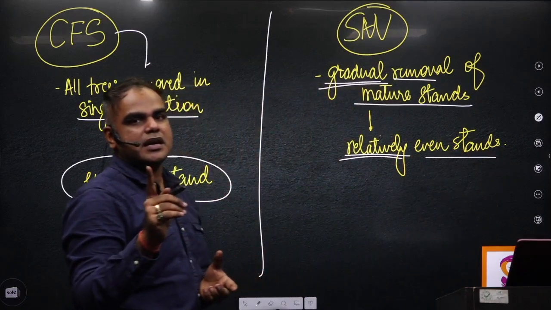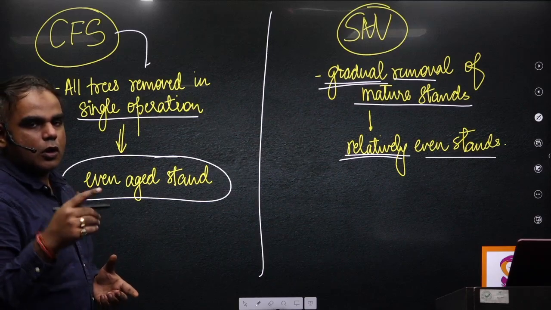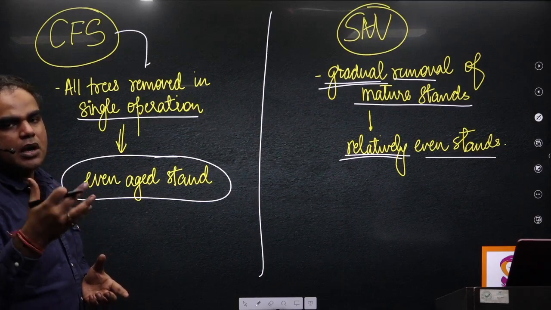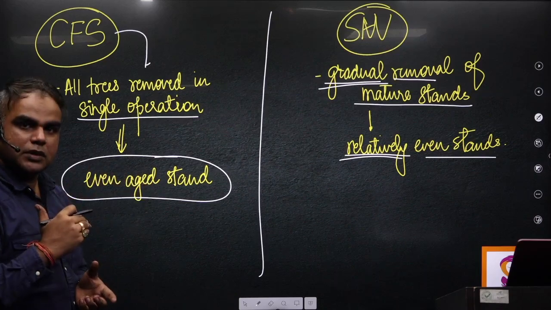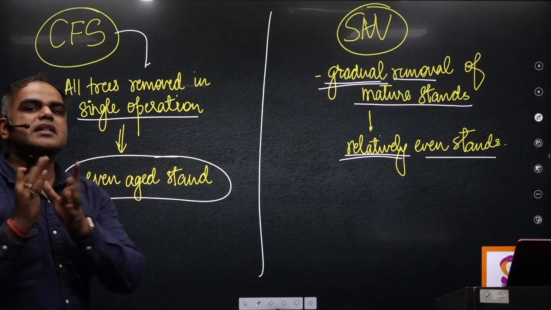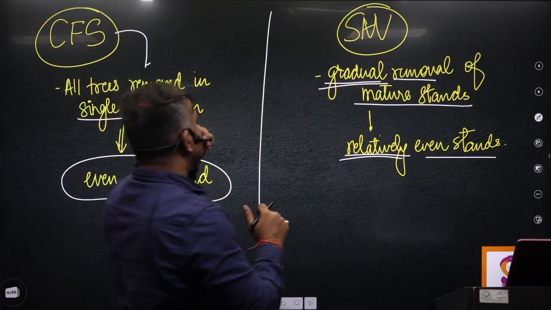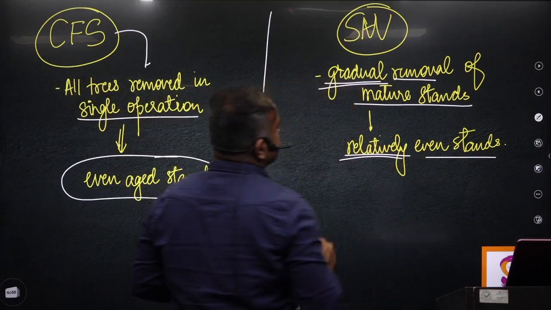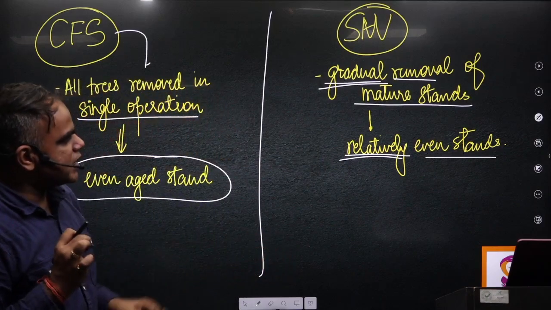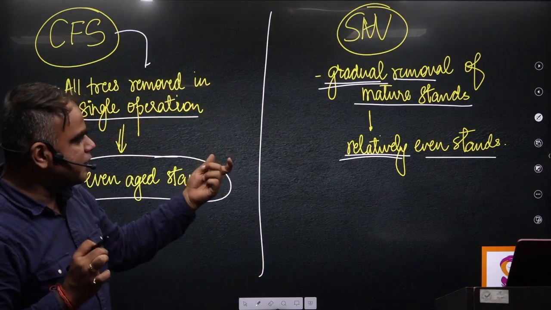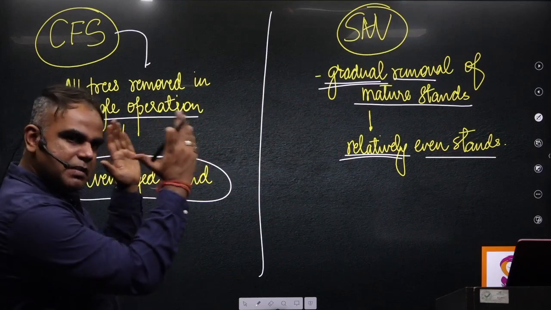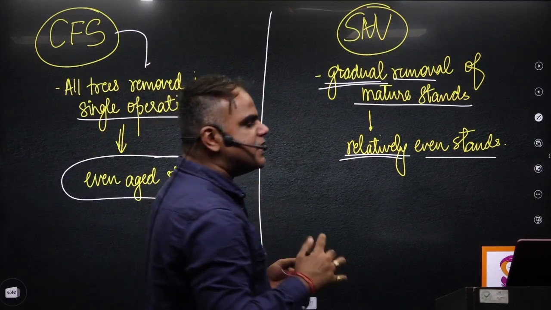I'm not saying totally even stand. Although you also have the selection system, which promotes an uneven stand. So even stand can be there, uneven stand can also be there. Shelter wood systems, with gradual removal of mature stands, lead to relatively even stands. If you understand this basic crux, then we can build on it.